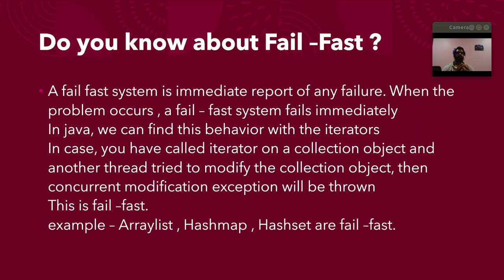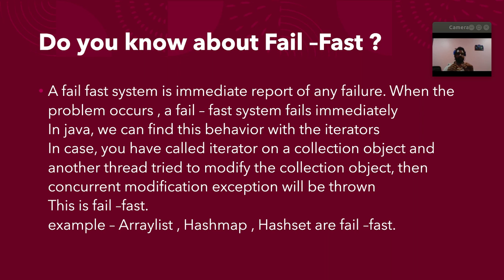Let's understand it this way: there is one thread trying to iterate a certain collection one by one, and another thread, a second thread, comes and tries to add some element to that collection. The iterator will feel that the collection has now changed, so it will fail and give an exception, the ConcurrentModificationException, right?